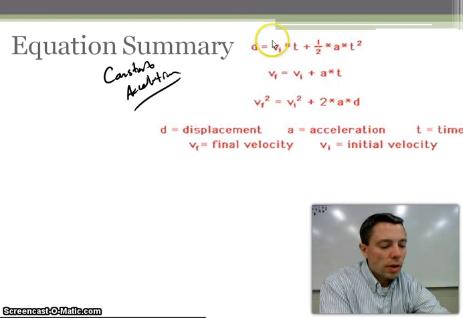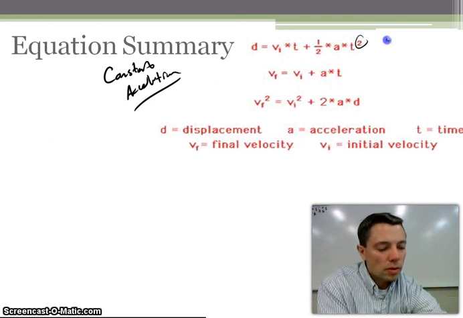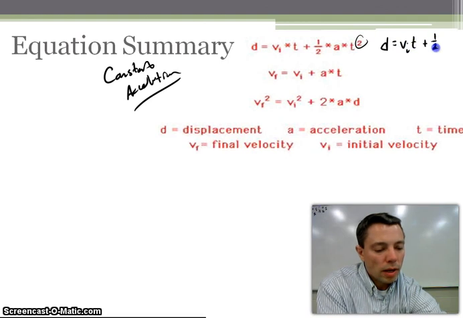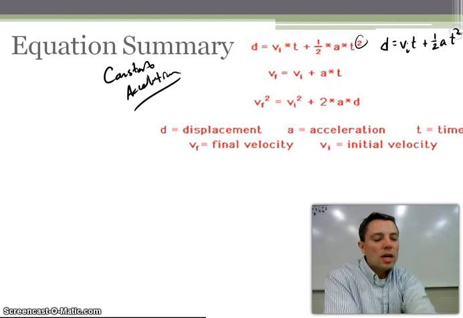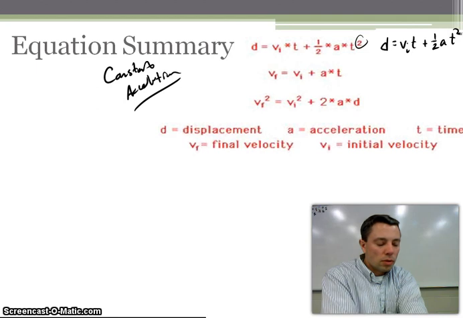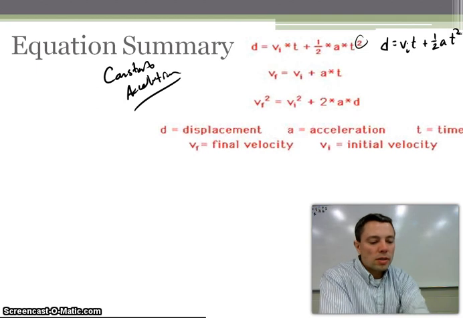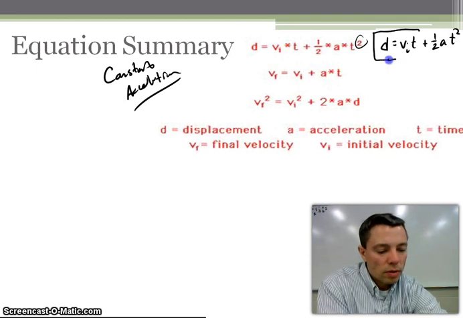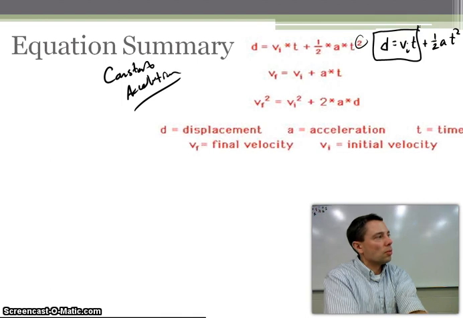Now, this is my second order function here, and I'm going to write this as d equals v_i t plus 1/2 a t squared. This should not look too scary to us, because essentially this part of this equation is the top equation that we're looking at.